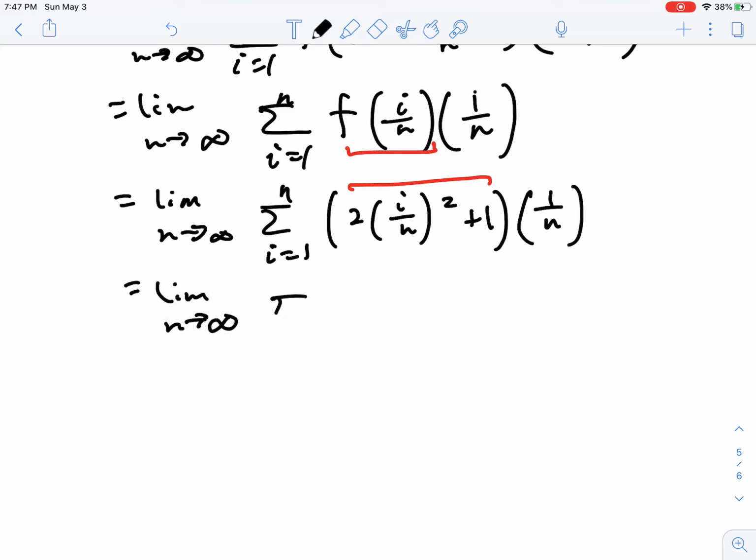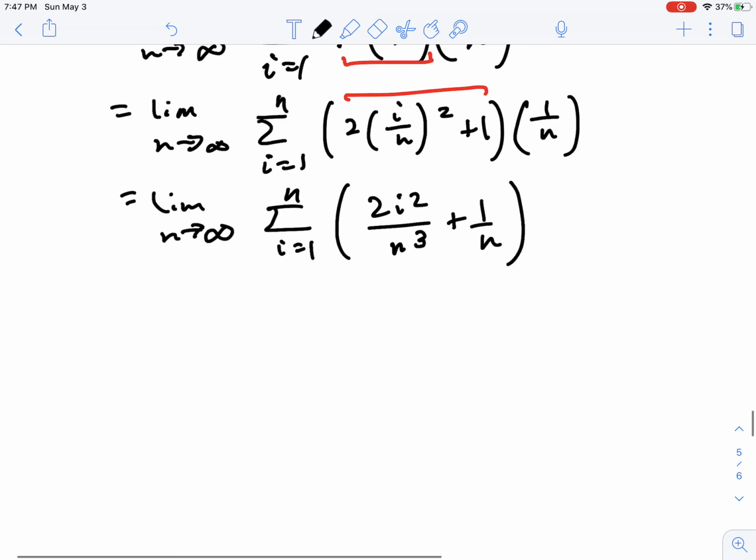All right. So now the limit as n approaches infinity of 1 over n. Now this, if I just use some algebra here, 2i squared over n squared. I've got to multiply everything by 1 over n, so this would become 2i squared over n cubed plus 1 over n. And now we're getting to that point where we can start thinking about how to use some of the same summation formulas that we learned.